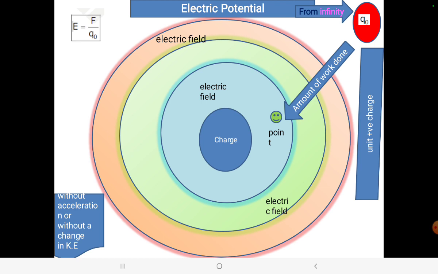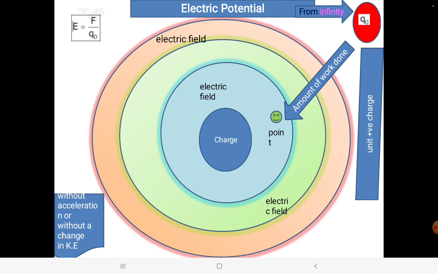So there is a work done difference between case 1 and case 2. That is the difference in the work done between the different positions in that particular field, to bring the positive charge from infinite distance to different places in the one charge field. That difference is nothing but a potential difference, right?